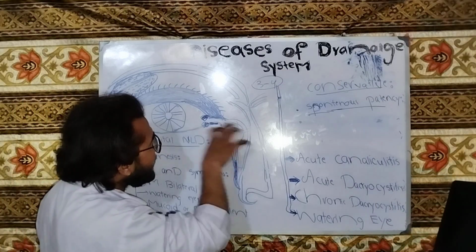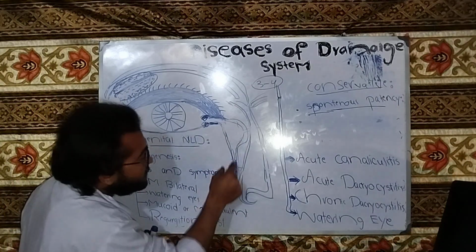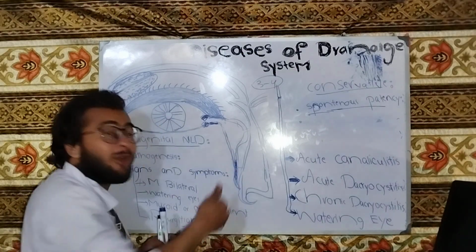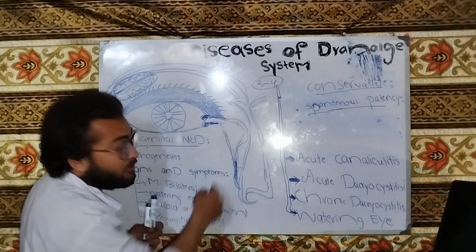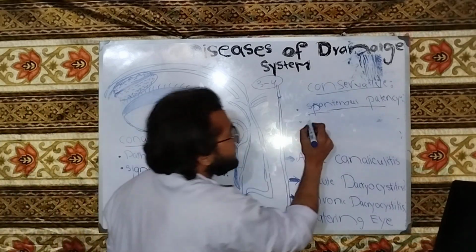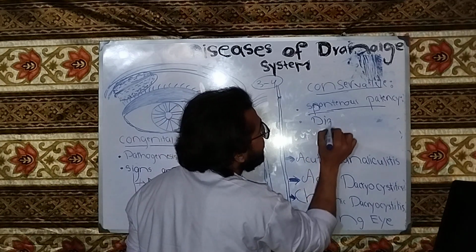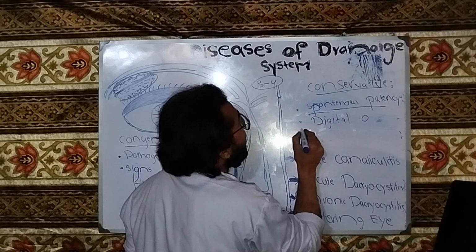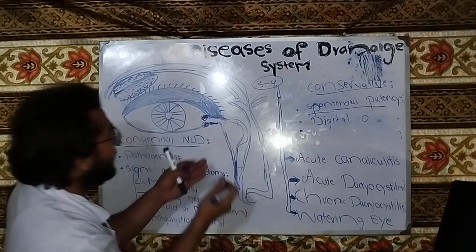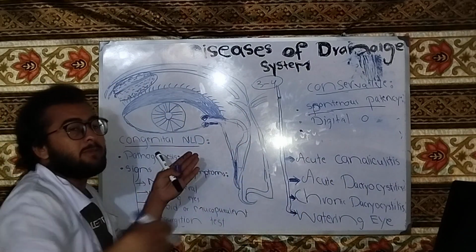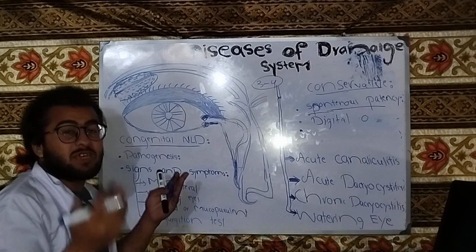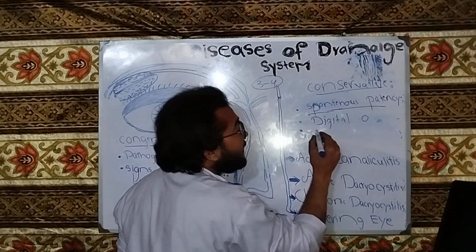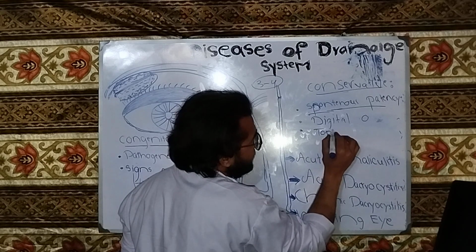This massage will generate a hydrostatic pressure, and this hydrostatic pressure may open this obstruction. So digital massage is another conservative option, and because this is an obstruction, there is a chance of infection, so we will advise them topical and systemic antibiotics.